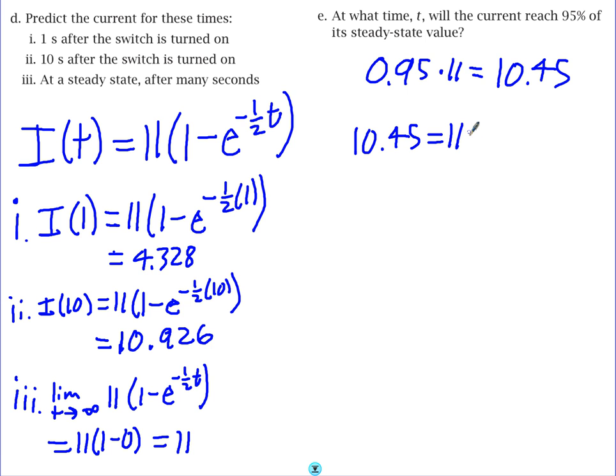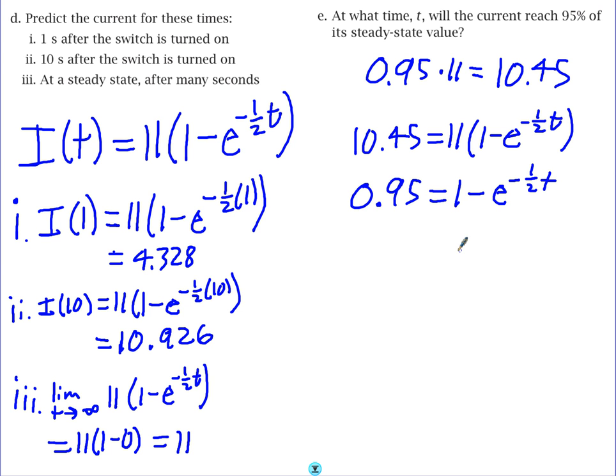So 11 times 1 minus e to the negative 1/2 t. Realize this video is getting long, I apologize for that. I don't think the problem should take you guys nearly as long if you're not explaining things. Now if I divide 11 over, you get 0.95, isn't that convenient? Okay, so that's going to equal 1 minus e to the negative 1/2 t.